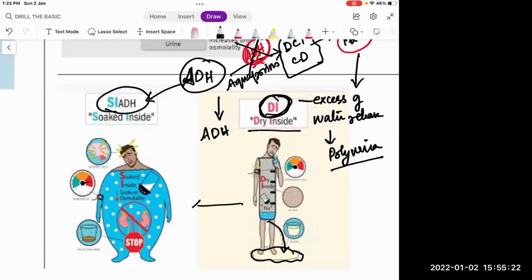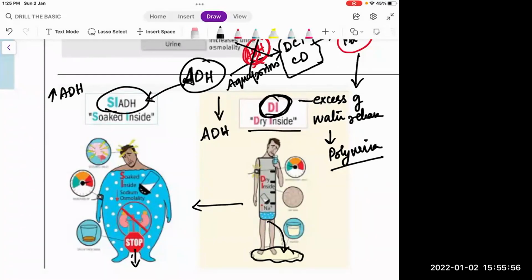Whereas on the other side, see the reverse of this diabetes insipidus. The person is soaked inside. It means there is excess of ADH. It is also due to a pituitary tumor. Okay, the cause may be anything, but most commonly pituitary tumors increase all the hormonal levels. So what will happen? More and more ADH acts on the aquaporins, more and more water retention. So the person will be edematous.